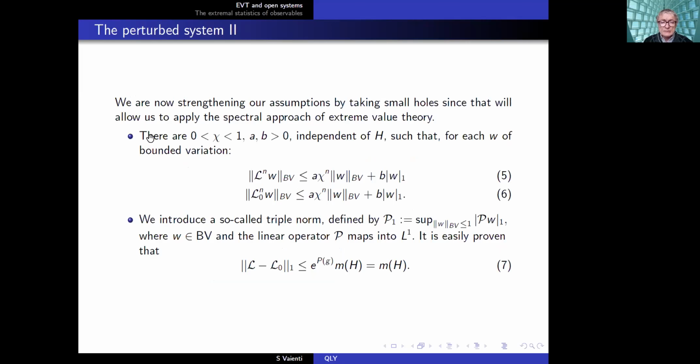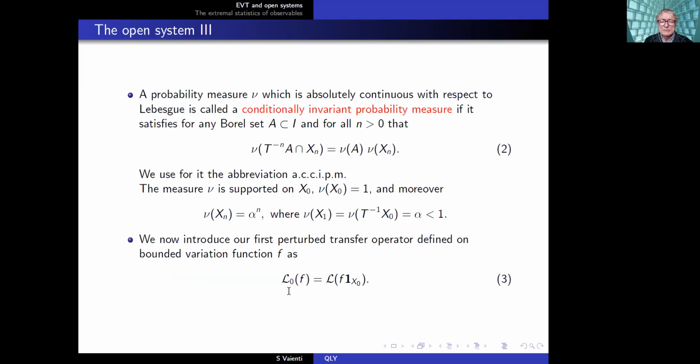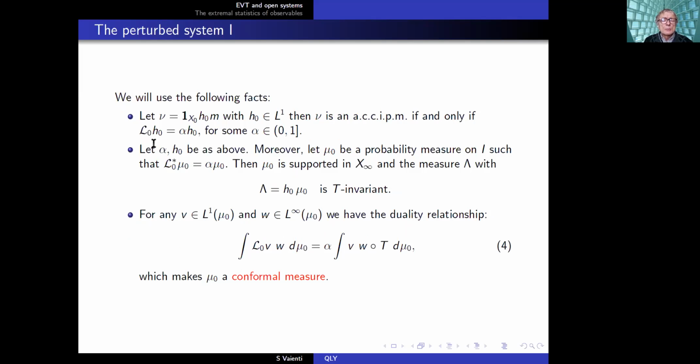If this operator has an eigenfunction h_0 with eigenvalue alpha, then this eigenfunction h_0, which is a density basically, will be the density of this conditional invariant probability measure. So we can have this measure absolutely continuous if we can solve this eigenfunction equation for the perturbed operator.